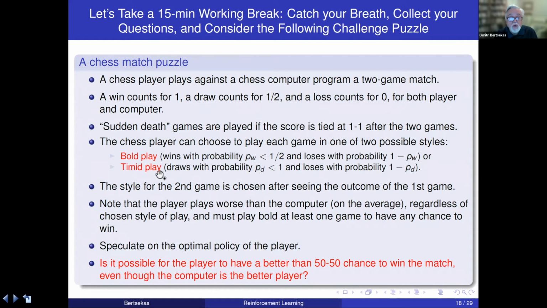Whether it plays bold or whether it plays timid, the probability of winning a particular game is less than 1/2. The player must play bold at least 1 game, because otherwise he cannot win. So I want you to speculate on the optimal policy of the player, and in particular, even though the player is a worse player than the computer, is it possible to have a better than 50-50 chance to win the match?